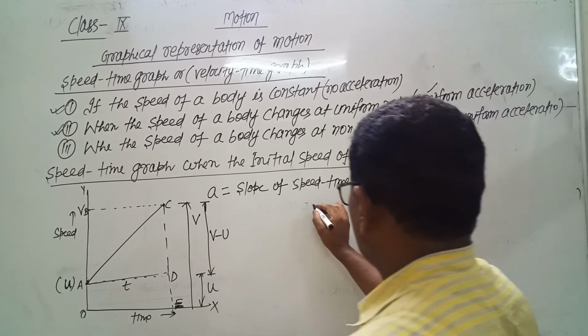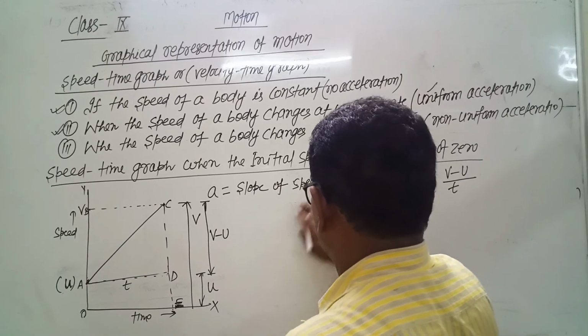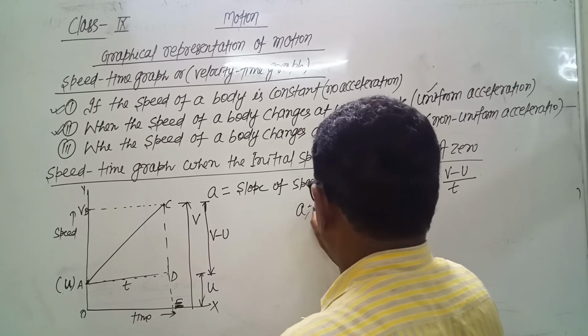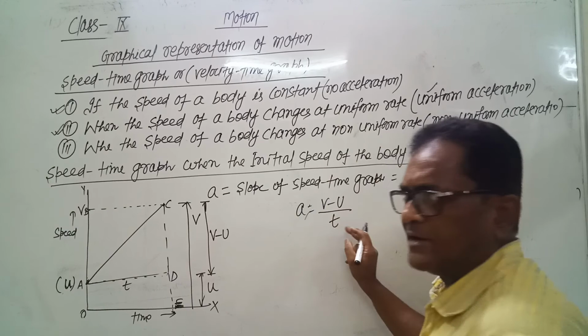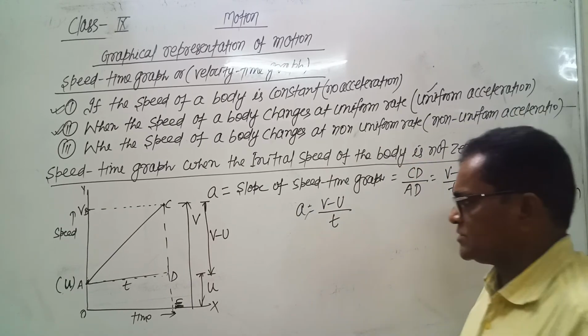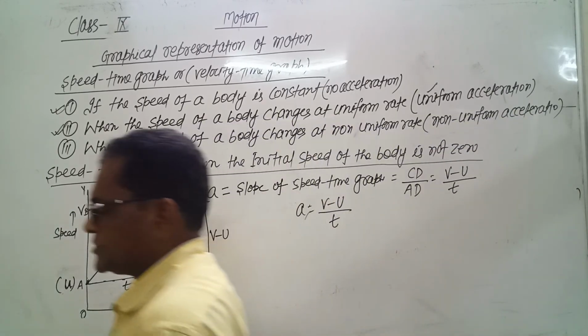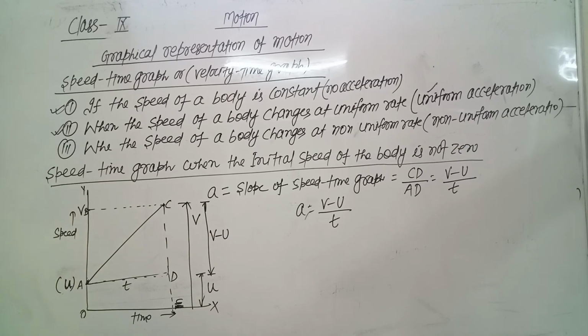By cross multiplication we get the formula a equals v minus u by t. Acceleration equals change in velocity upon time taken.